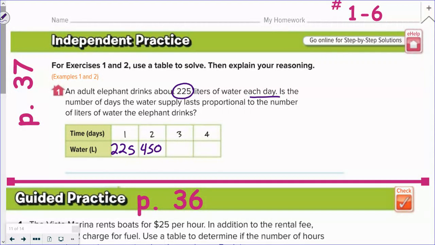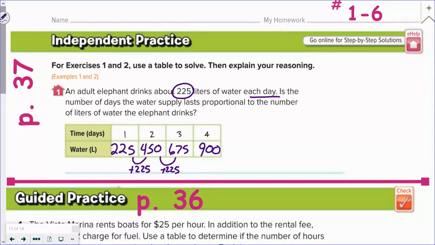So if you notice, each time we are increasing by 225. And increase again by 225. So then we get 675. And then we get 900.